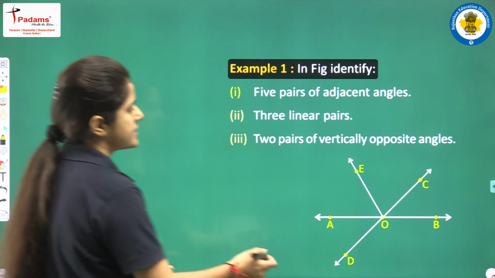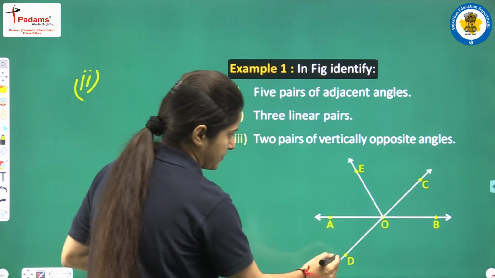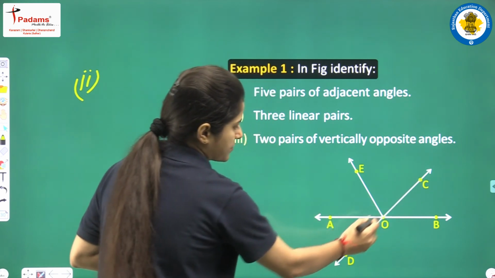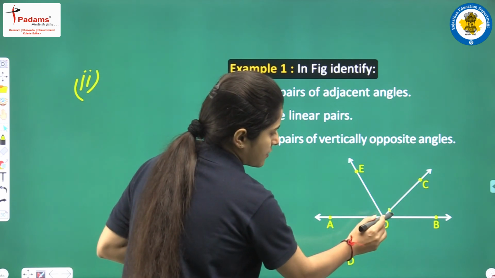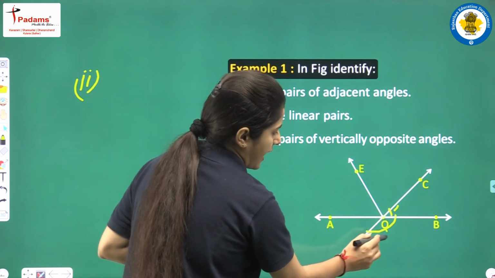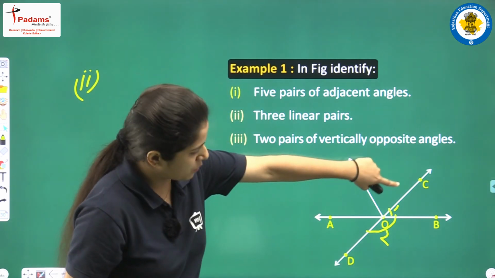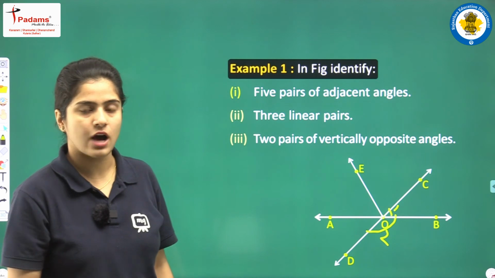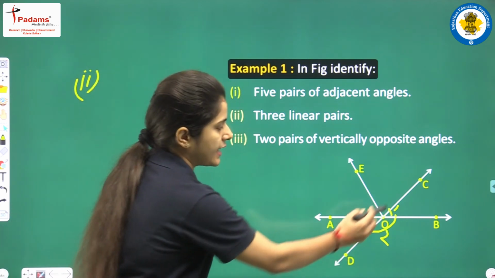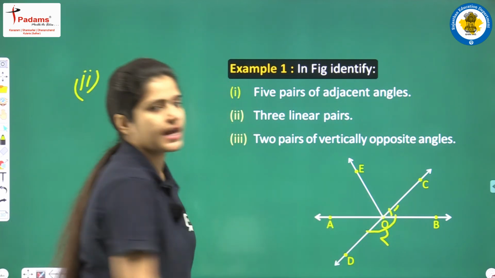Basically, students, have a look at this line COD. In this line, this is the first angle and this is the second angle. Angle 1 and angle 2 are forming a linear pair. How? Because this is a straight line and on this straight line 2 adjacent angles are there.